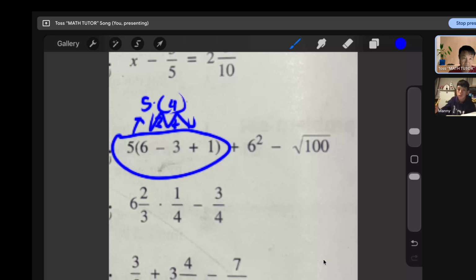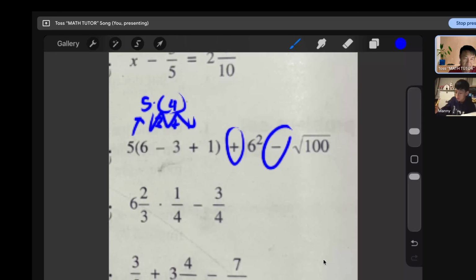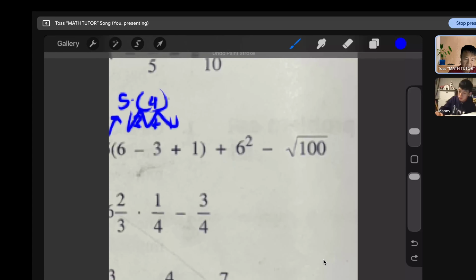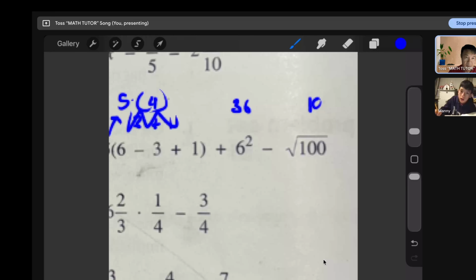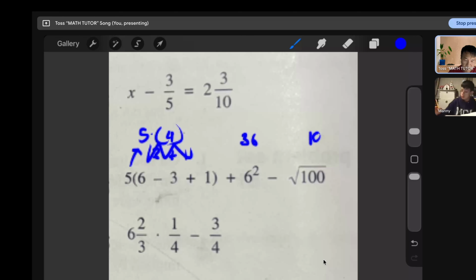You have to do them first, before the main adding and subtracting, which are later. The plus and minus, yeah. So this is going to be 36, and this is going to be 10. And then I'll go one more step. This is 20. And then we're going to add 36 and then minus 10. Am I right? Okay.